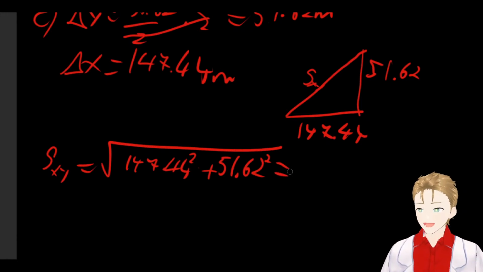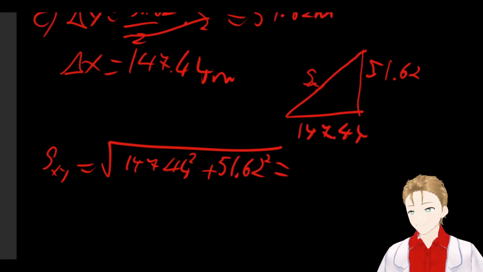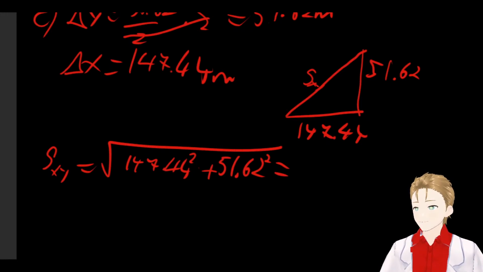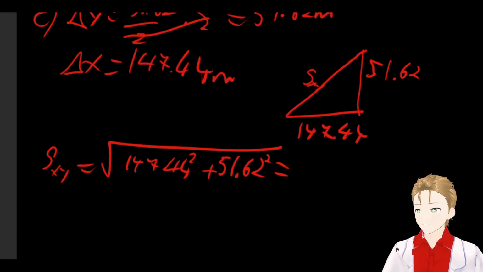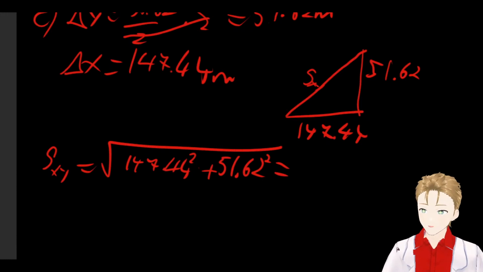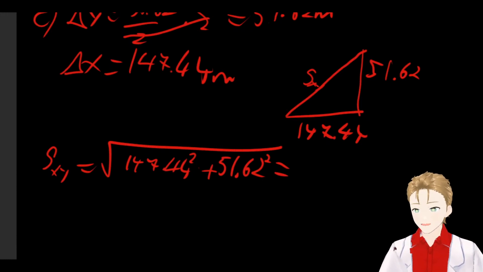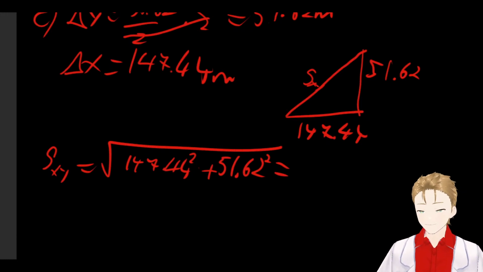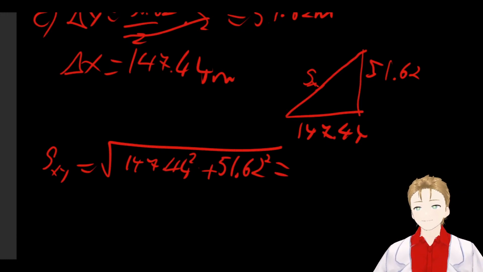Anyways, the total answer here is, drum roll please, 147.44 squared plus 81.62, oh no, 51.62 squared, and then the square root of this. Wait a minute. Is that correct? It was not correct.